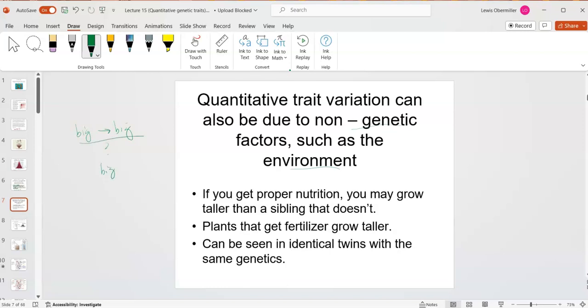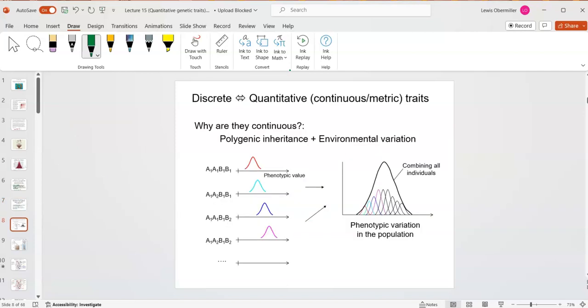Because if it doesn't matter, then you just let the chickens run around and breed with each other, and who would care? You wouldn't need to selectively breed them. So nutrition is important, right? Fertilizer, it could be the pH of the soil. And like I said, we can study this using identical twins because we know their genotype, their genetics is exactly the same.